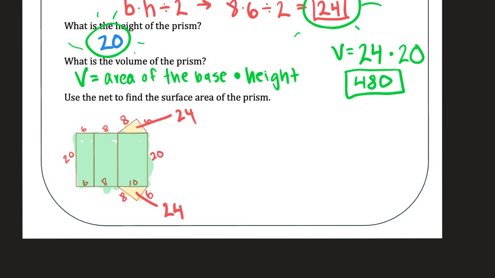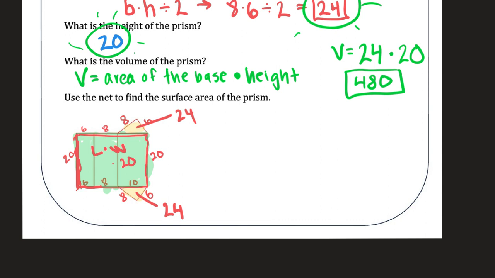Now we just need to find the area of the giant rectangle. And you can find the area of each individual rectangle. It's just, this is a little shortcut that we can do. So we have area of a rectangle is length times width. We know our width here, this right here, is 20.